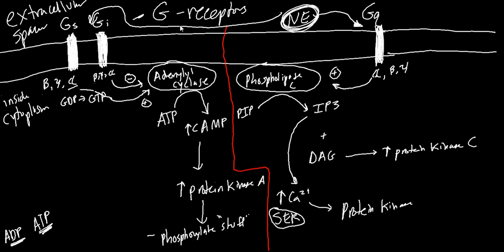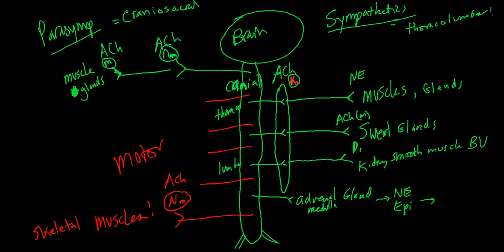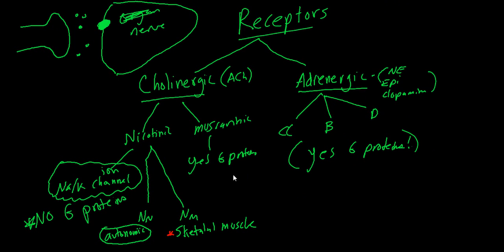Okay, so there's going to be different types of receptors. You're going to have muscarinic, and you're going to have adrenergic. I'm just going to go back really quick, because G receptors were found in a lot of places. G receptors were found in the muscarinic cholinergic receptors.